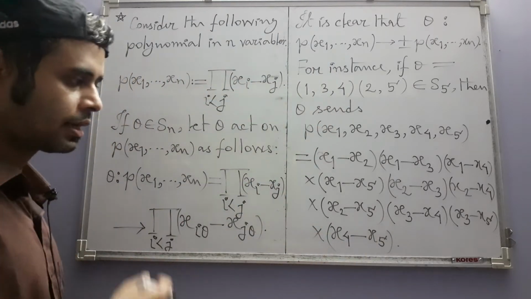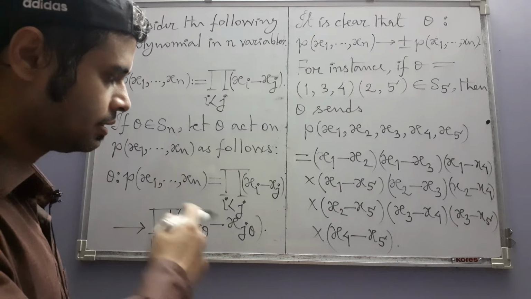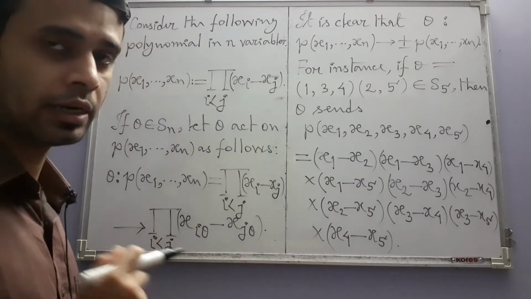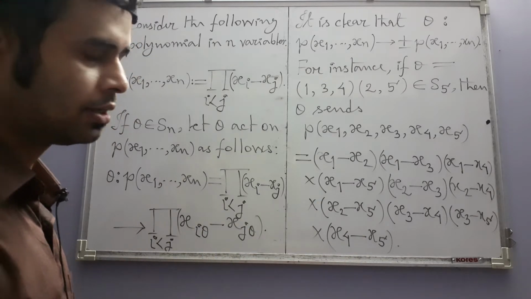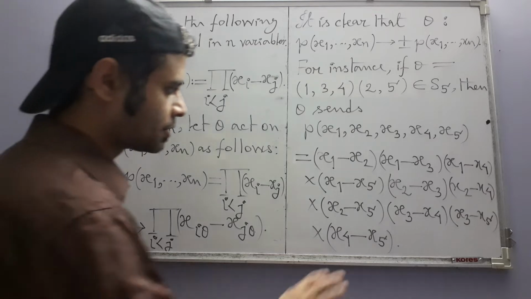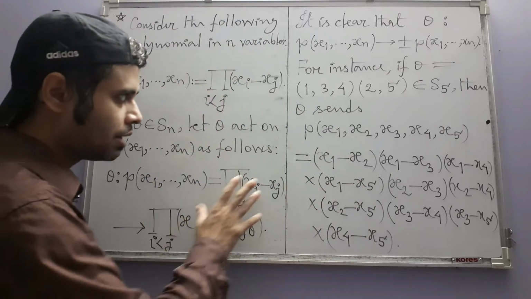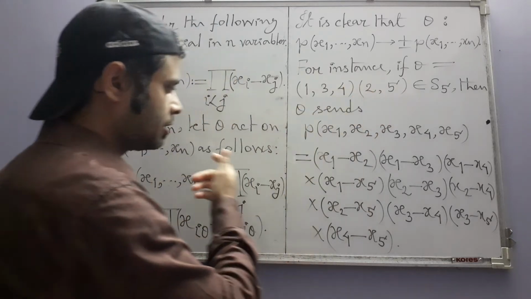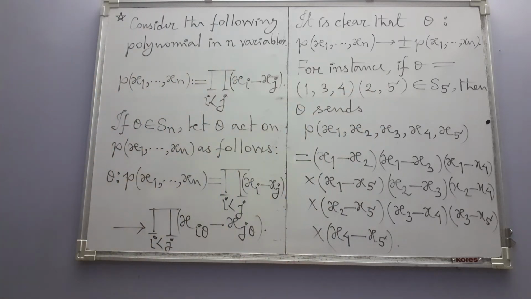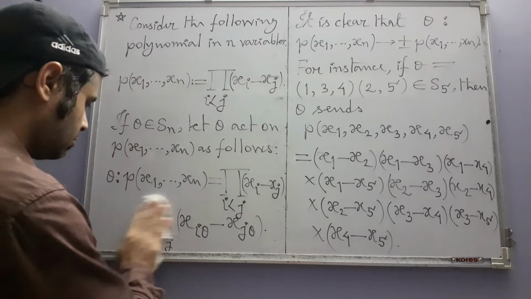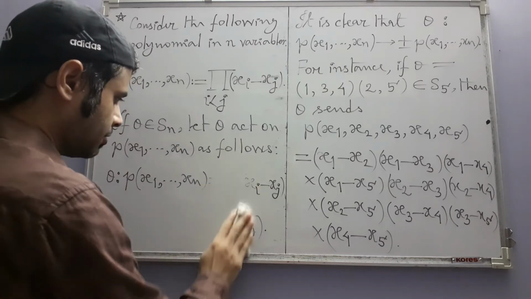You cannot take I equal to 5 because there is no j greater than I then. No such symbol is available. So we have run out of symbols. So this is the polynomial, and this will be sent by this particular theta to, now we are going to write the other polynomial.